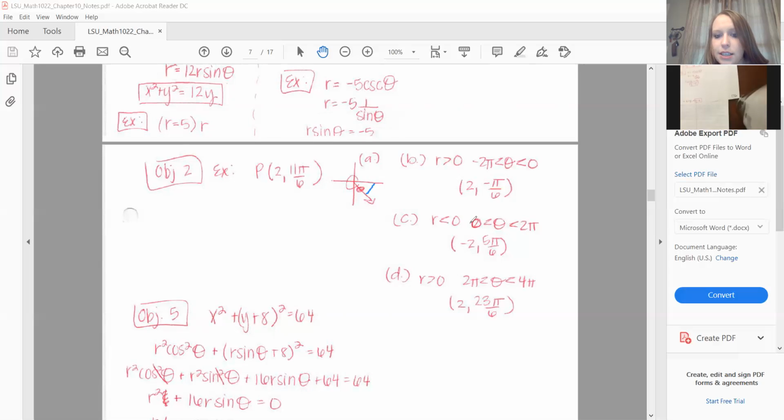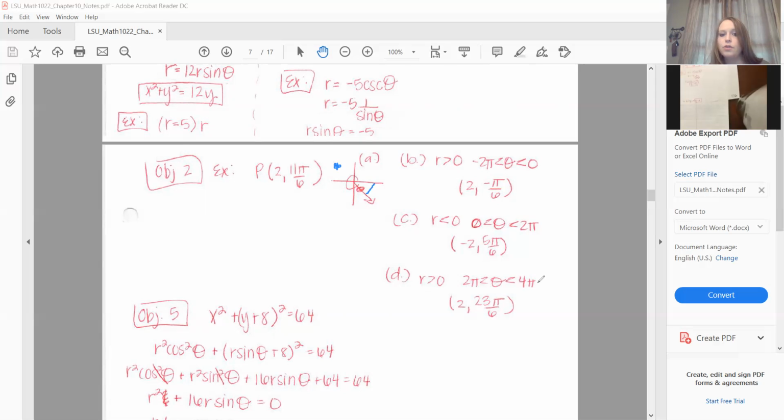Again, for C, the r's, they could switch them up. Okay, so right here, r is negative, so I changed it to r equals negative 2. And remember, if it's negative, it was supposed to land in the opposite quadrant over here. So what is the pi over 6 angle right here? 5 pi over 6. And then finally, they're saying r is positive again, so 2. What is it when it's between 2 pi and 4 pi?